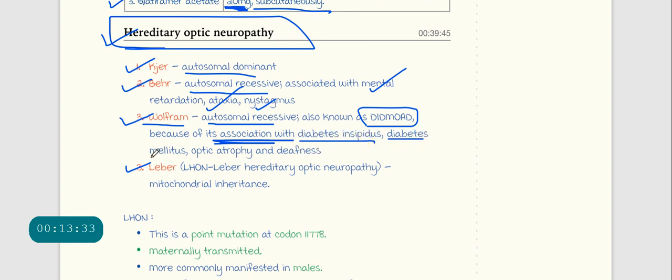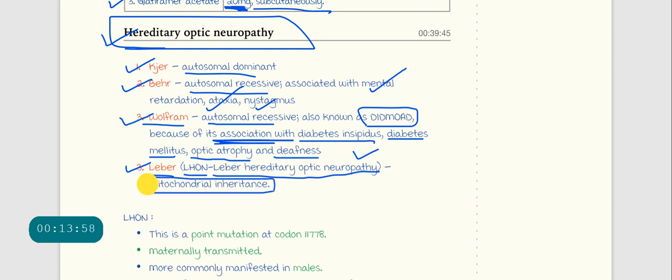Next comes Leber, also known as LHON. The full form of LHON is Leber hereditary optic neuritis, and this is associated with mitochondrial inheritance, very important, mitochondrial inheritance. Now we are going to study this in great detail.